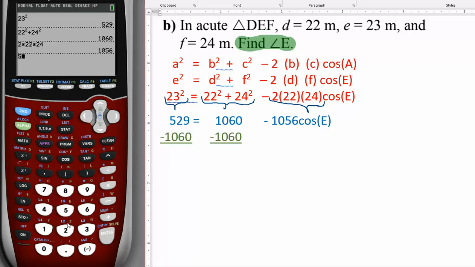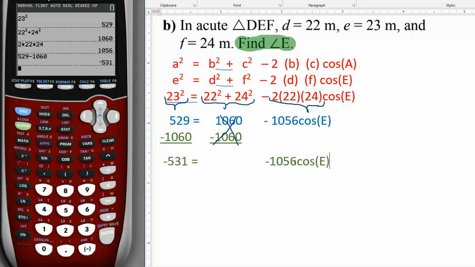So once we've been able to do that, 529 minus 1060, we find out is negative 531. The 1060s cancel, and finally we just carry down all the rest of it because we didn't do anything to it.